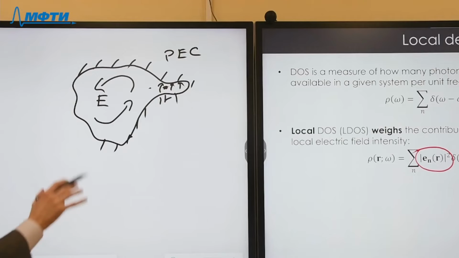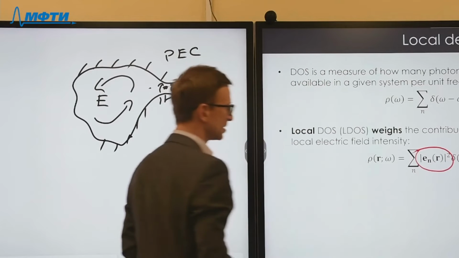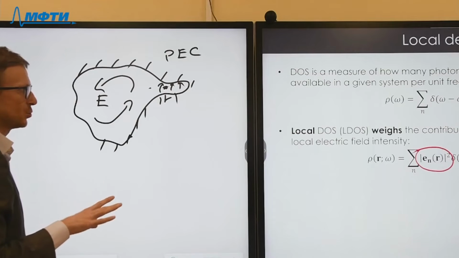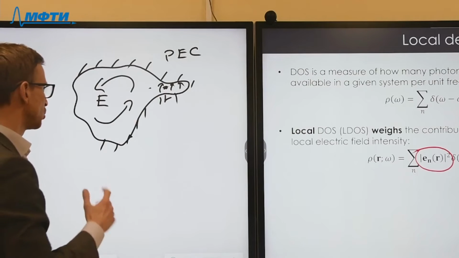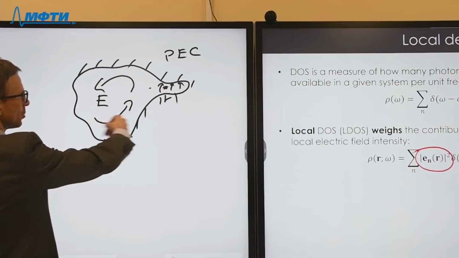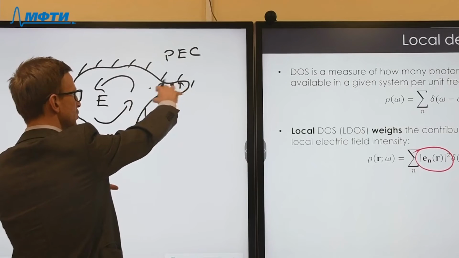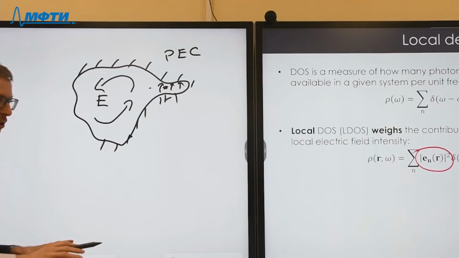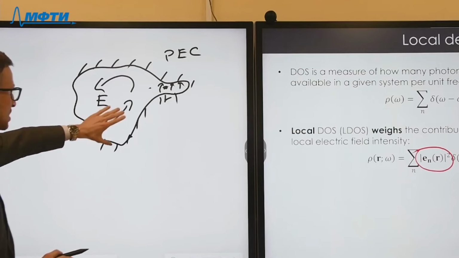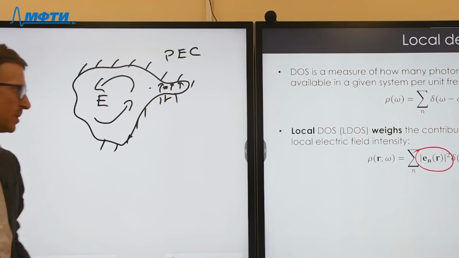By weighing all the modes, all these delta functions, by the local electric field intensity, we can obtain the local density of states, which tells you the extent to which all these eigenmodes are present here. For example, if we have a certain eigenmode that circulates just here along the bigger part of the system, but doesn't extend to this little appendix, then the density of states is going to be low. Maybe the total density of states is high for this system, but if the modes do not extend into this little part of the system, then the local density of states will be very, very low.